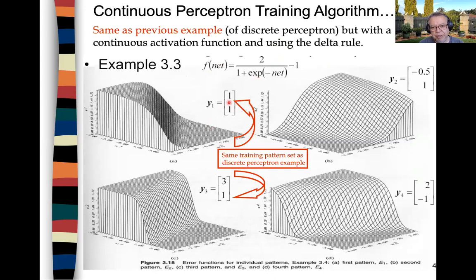The first pattern is (1, 1). The second pattern is (-0.5, 1). The third pattern is (3, 1). And the fourth pattern is (2, -1). And because we're going to have an explicit expression of our error functions, the error function for E1 looks like this, E2 looks like this, E3 looks like that, and E4 looks like that.